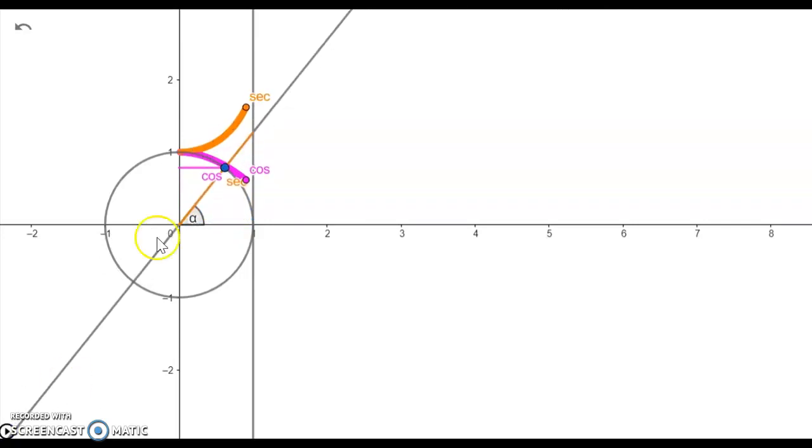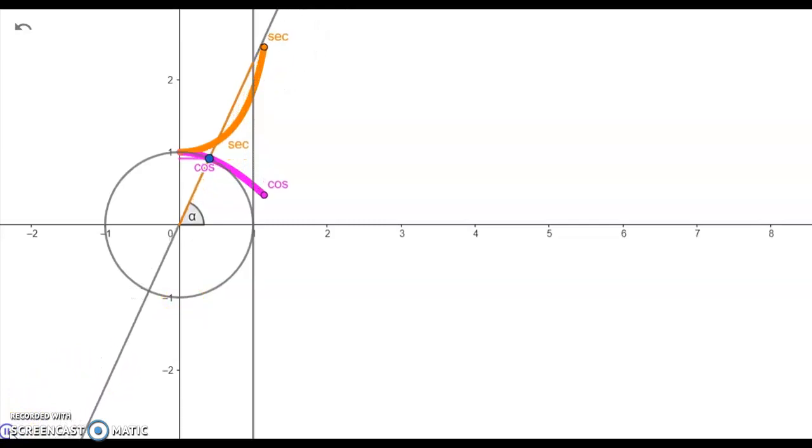Okay, so secant is the distance from the origin out to the tangent line. So this orange distance is actually the exact height of this secant dot up here. Notice how cosine and secant is kind of like how we usually graph it, and so that's why I'm going to leave it up there.